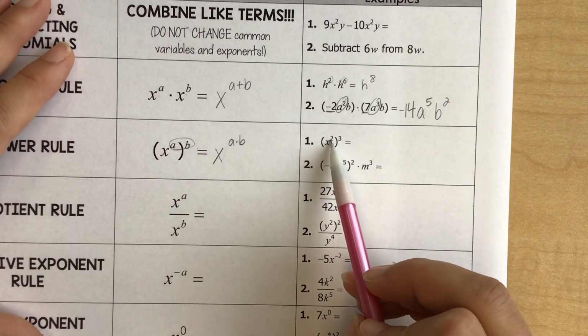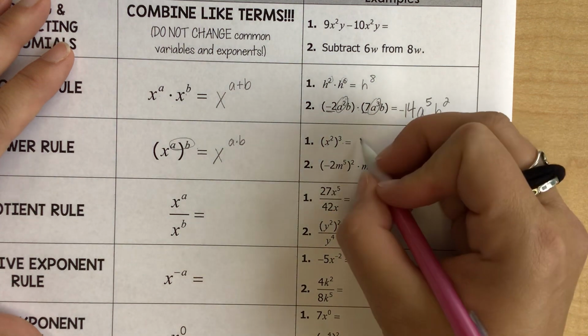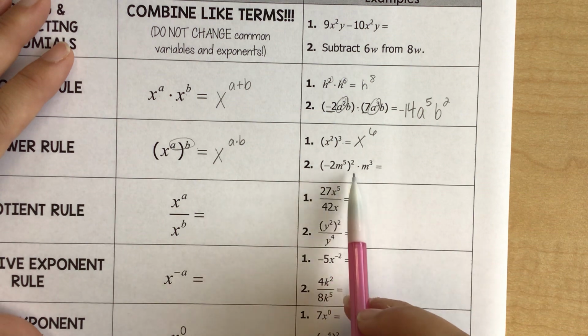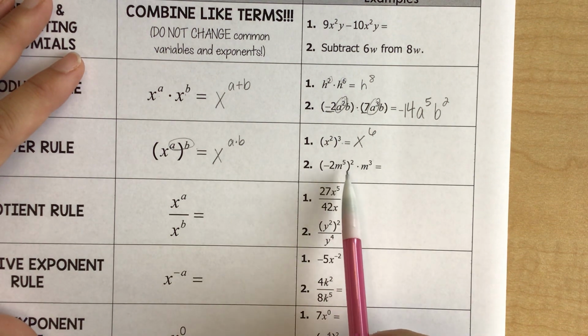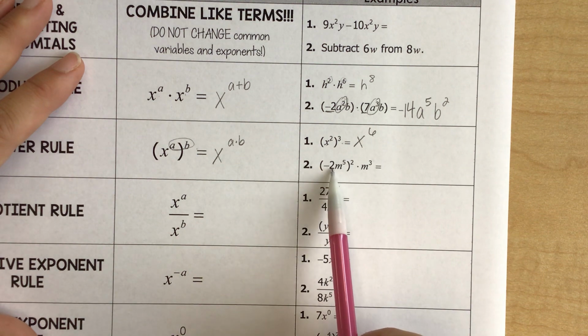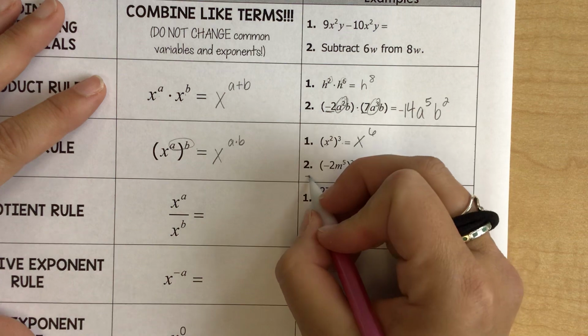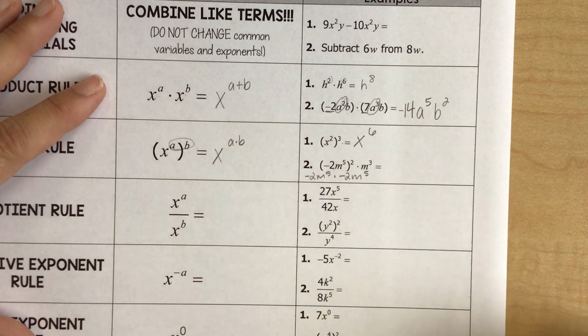So here we have x squared raised to the 3rd. So power to a power, I'm going to multiply. This becomes x to the 6. Now here, notice that this is in parentheses. Okay, so if we have parentheses, I'm taking all of this negative 2m to the 5th. I'm doing that 2 times. Right, so this is negative 2m to the 5th times negative 2m to the 5th.